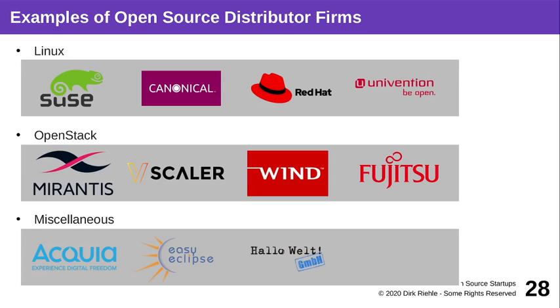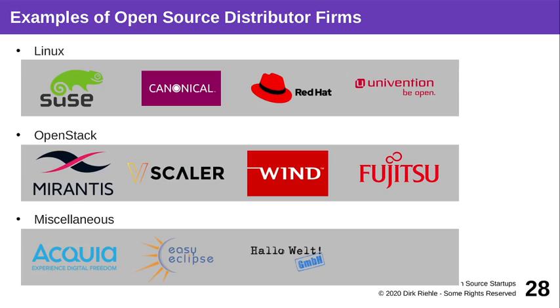So we have Linux distributor firms, the original SUSE, then Red Hat, today also Canonical, which gives us Ubuntu, but also niche distributors like the German Bremen-based Univention, which provides a Linux distribution for schools and public government. They simply have a niche focus there.